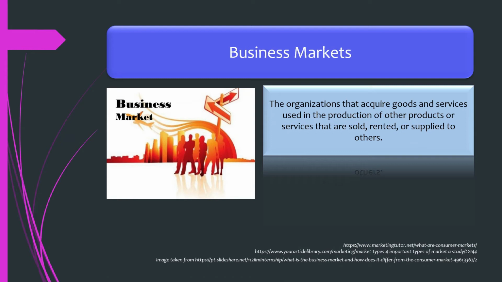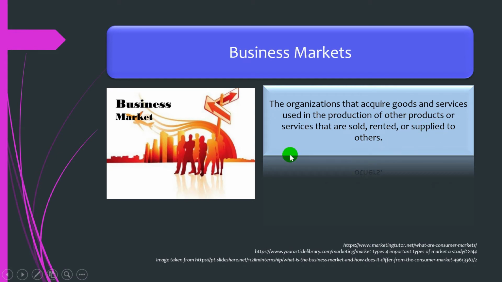If you see the definition over here, the business markets are the organizations that acquire goods and services used in the production of other products or services that are sold, rented, or supplied to others.